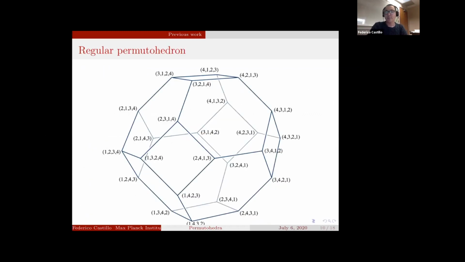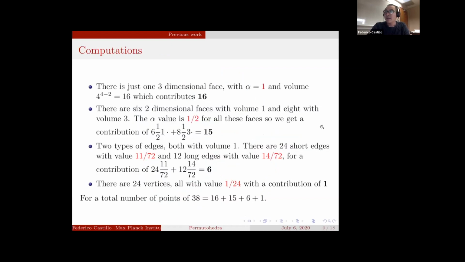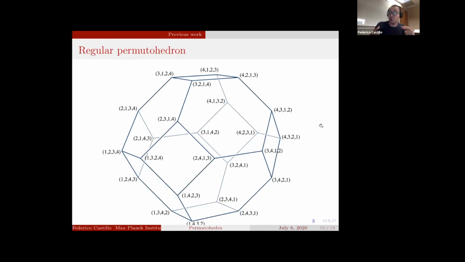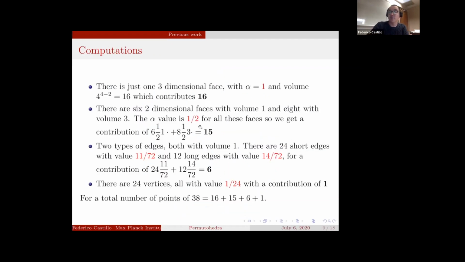So let me quickly go over one example. This is the regular permutohedron of length 4. So we have all 4 permutations of 4. And in this case, this formula is saying that each face is going to give us the relative volume together with a coefficient. So for example, the hexagons are giving us a relative volume of 3 together with a coefficient of 1/2.